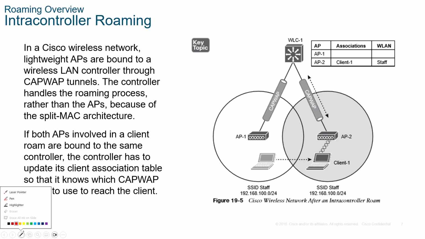So again, I'm going to grab my pen. Here, the wireless LAN controller is attached to this switch, and so the wireless LAN controller is what's actually handling the handoff between access point 1 and access point 2.